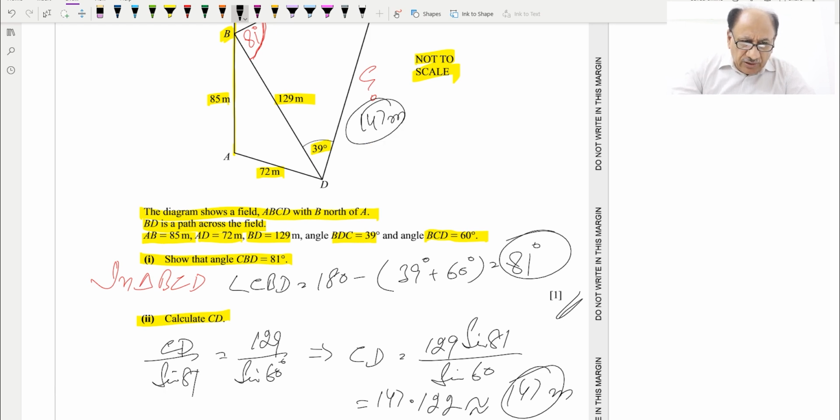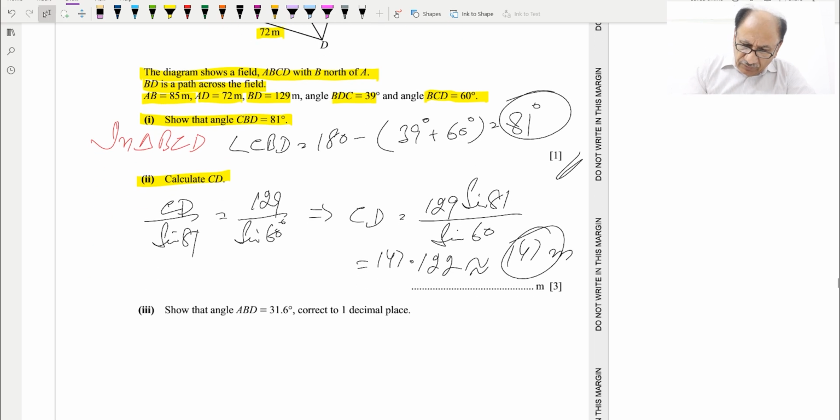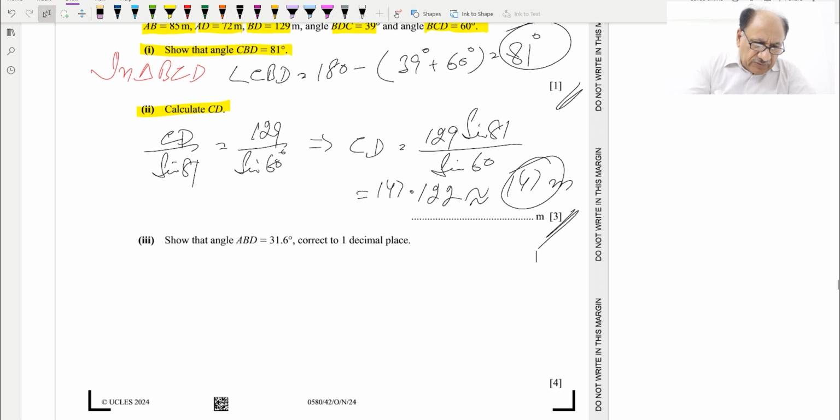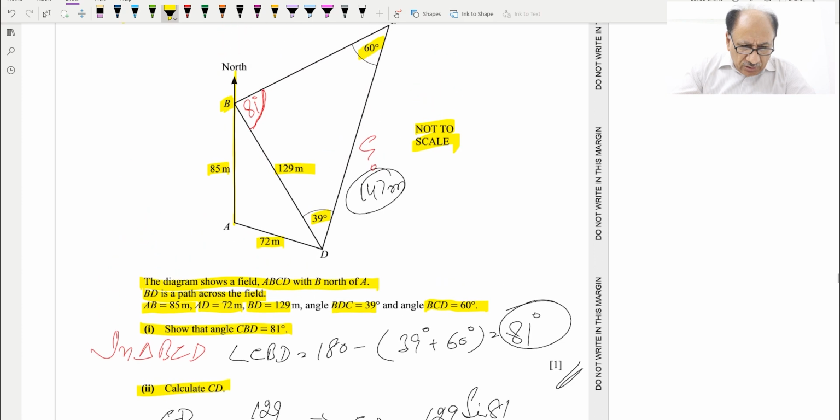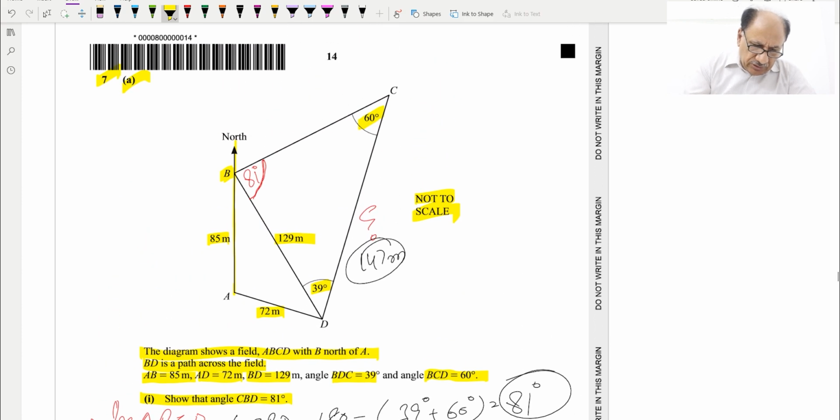We found this side, and this is basically our answer for 3 marks. Now they are saying show that angle ABD is 31.6, correct to 1 decimal place. ABD is which one? ABD is this angle.